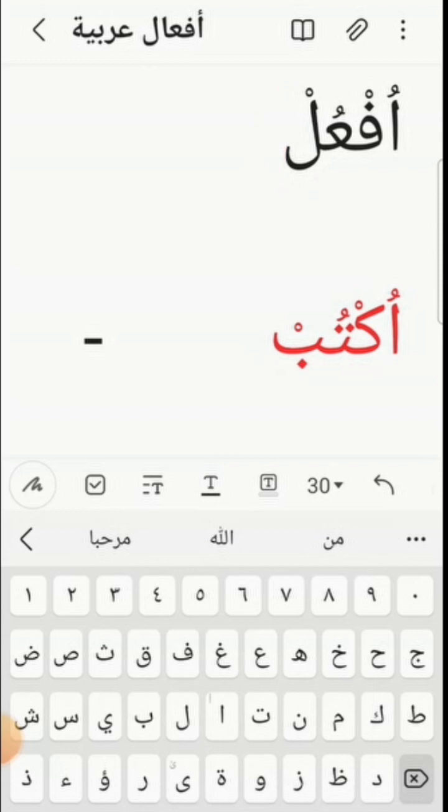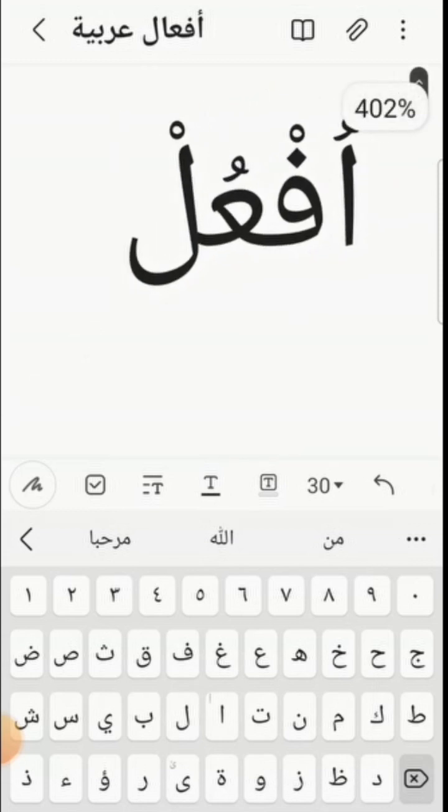Now the word uf'al, don't worry about the meaning. That is just the pattern. So they use the fa, ain, lam, and in this case we've added the u in front to show us the pattern of that particular instruction.